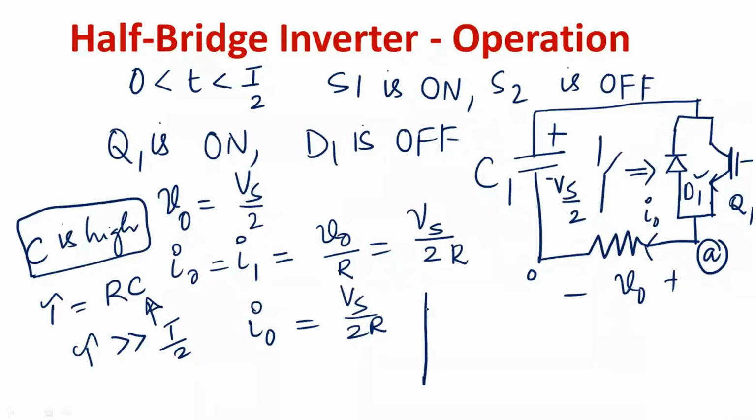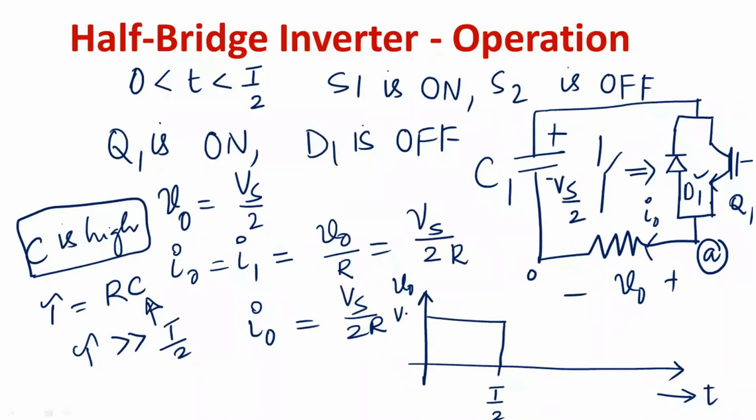If we draw the variation of V naught with respect to time t, the switch is on for a period T by 2, whose value is V naught, or Vs by 2. This is the voltage.